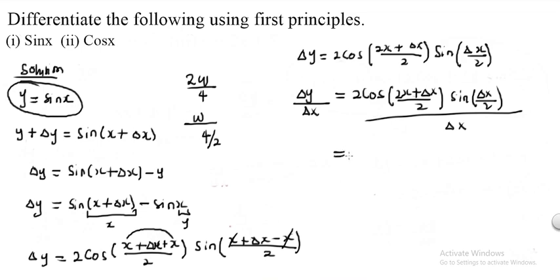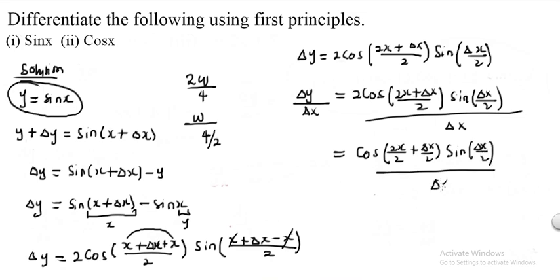Now I'll rewrite this as equal to cos open bracket. Now I can distribute the denominator to each of these terms here. So this will be 2x divided by 2 plus delta x divided by 2, sine open brackets delta x over 2, divided by the denominator, which becomes delta x. Remember, 2 was multiplying everything here, so I say divided by 2 here, so that I can write this as equal to cos.